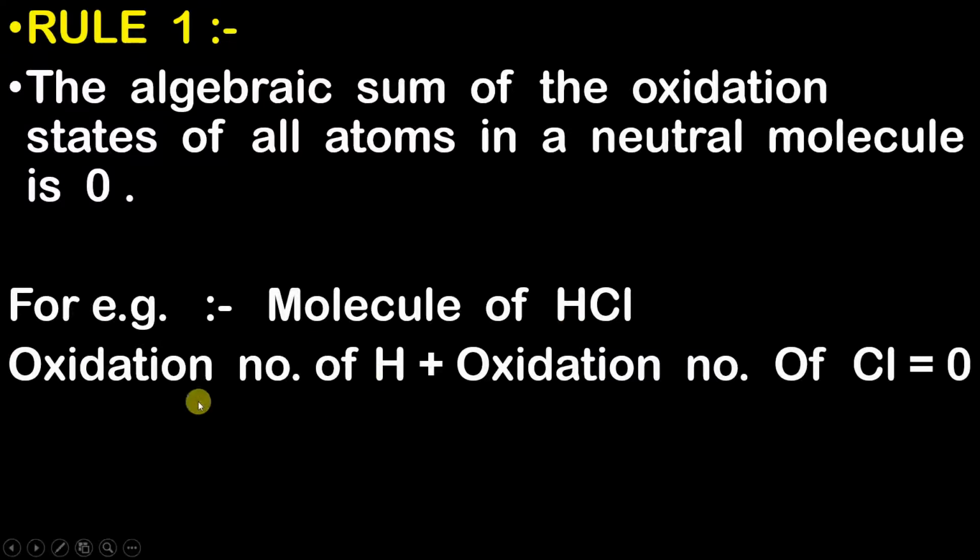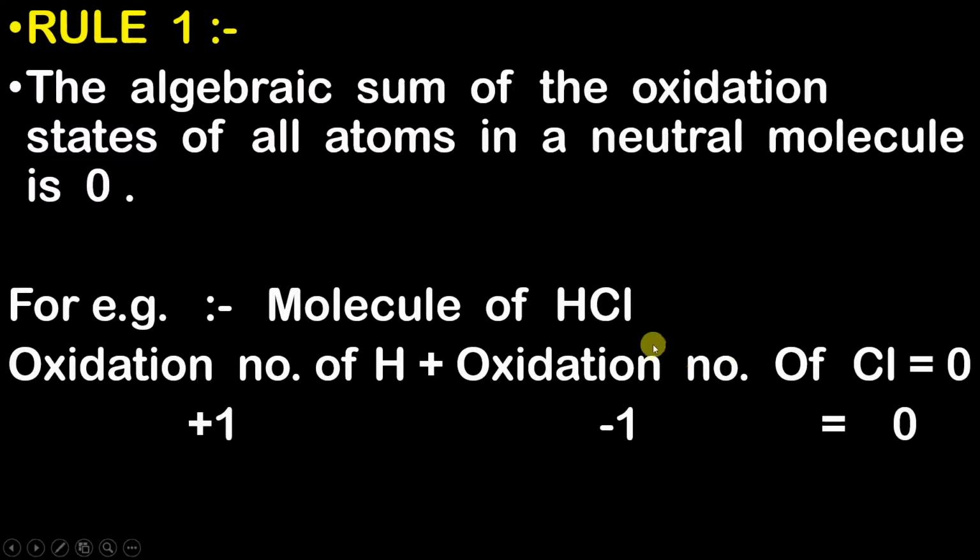So the oxidation number of hydrogen plus the oxidation number of chlorine should be equal to 0. Now what was the oxidation number of hydrogen? It was plus 1, whereas the oxidation number of chlorine was minus 1. So plus 1 and minus 1 automatically give you 0.